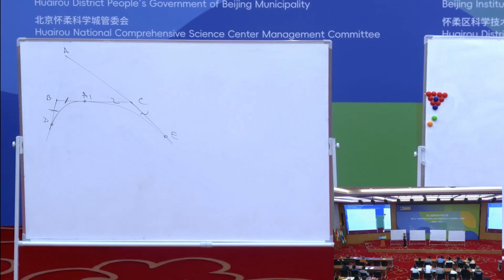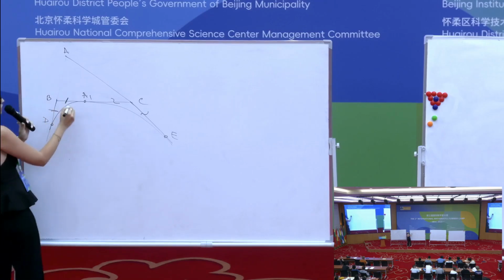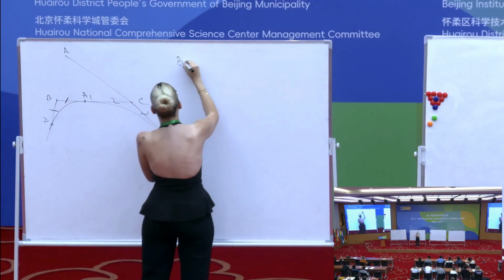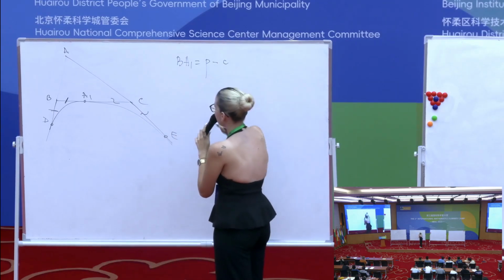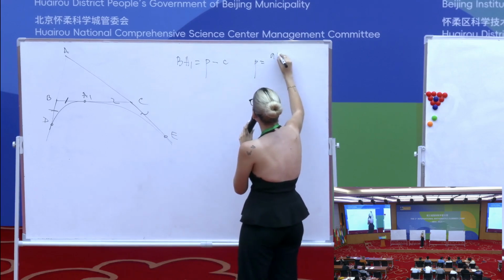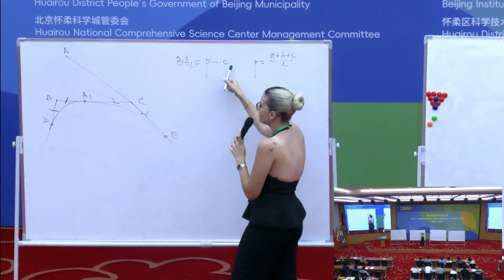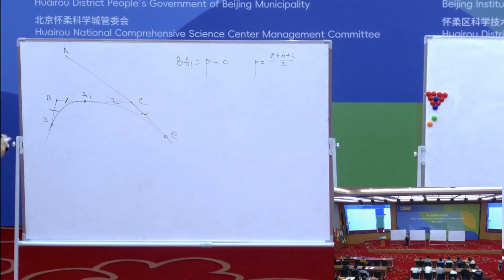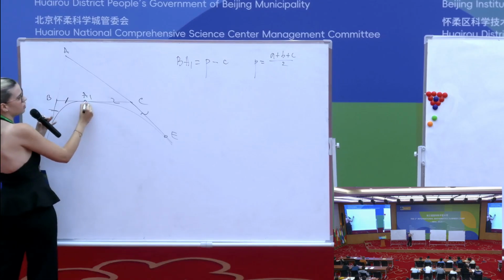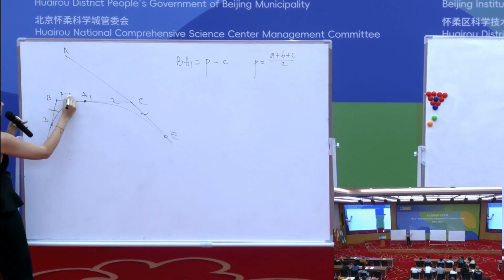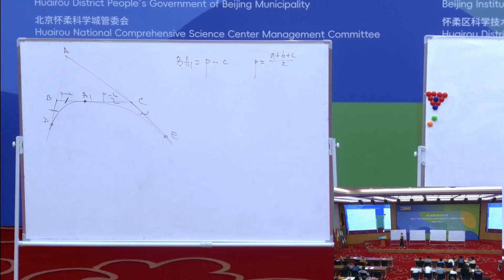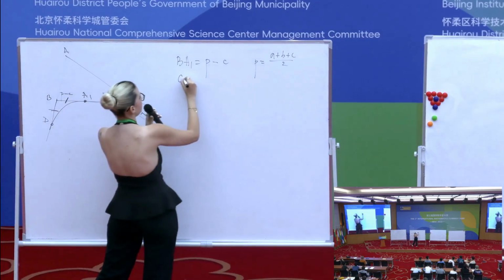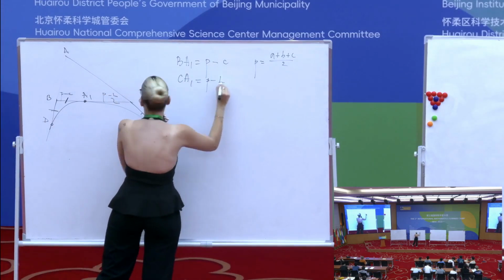Actually, the length of BA1 is p minus c, where p is (a plus b plus c) over 2, and by c, I mean the length of the side AB. This is a well-known formula regarding the contact points of the excircle. So this will be p minus c, and this will be p minus b. I'll also write that CA1 is p minus b.